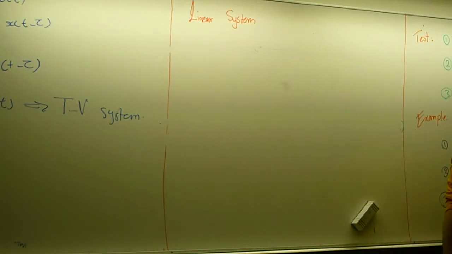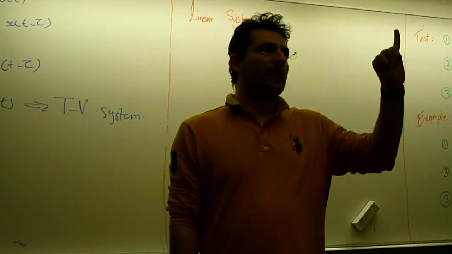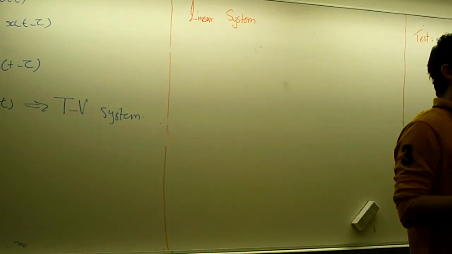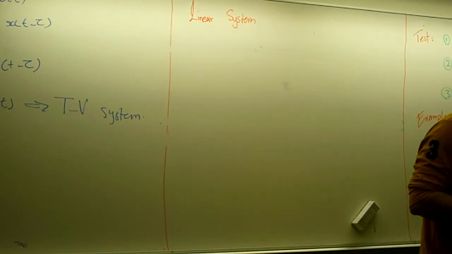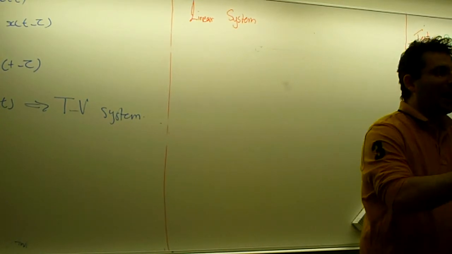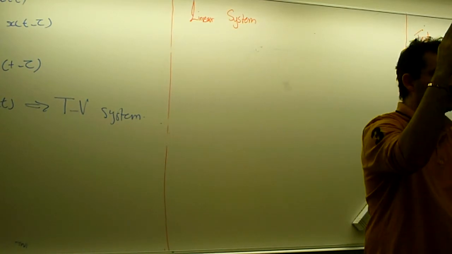What are the two properties? Well, one of them is scalability. If you scale your input by alpha, your output will be scaled by alpha. Because the word that you said is very critical: I can increase my input by 5 and the output by 10, then this is not linear, right?